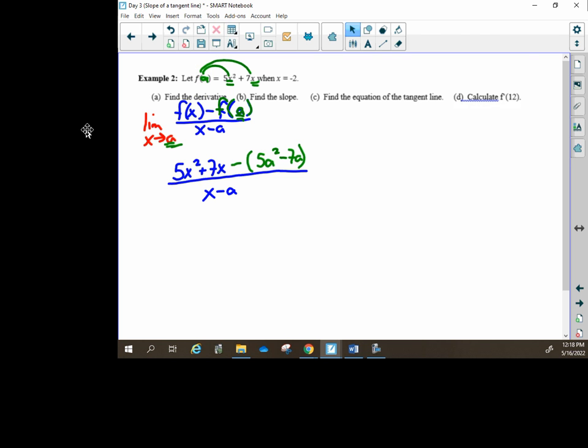All right, so deriving it from there, I distribute my minus sign.